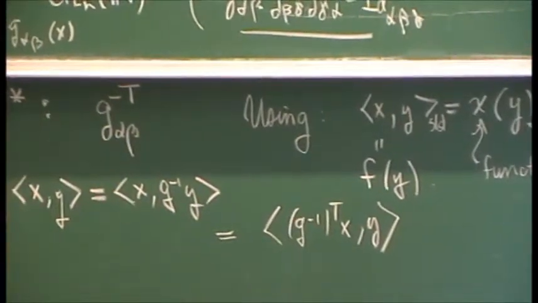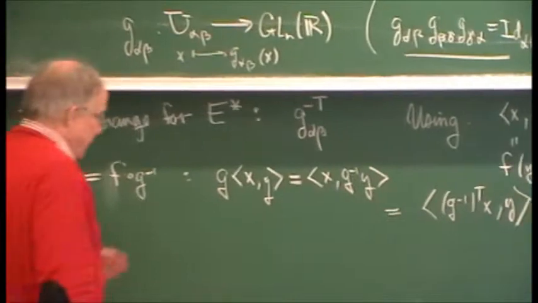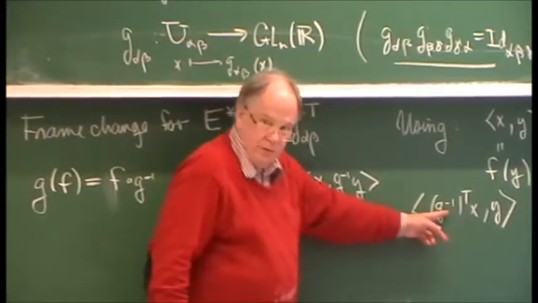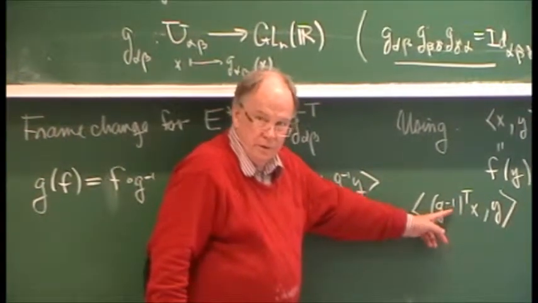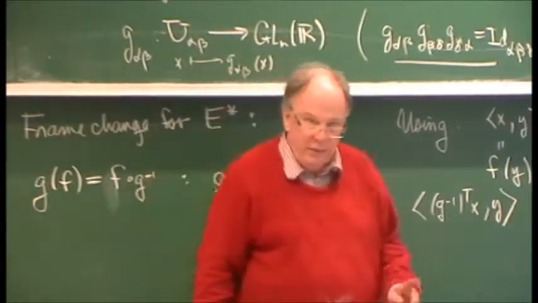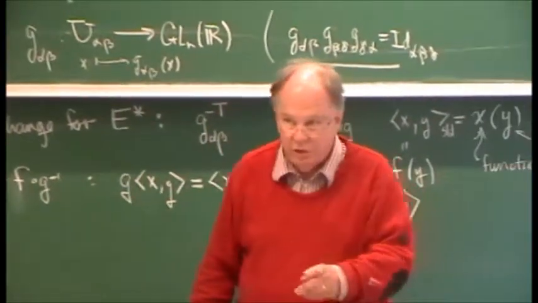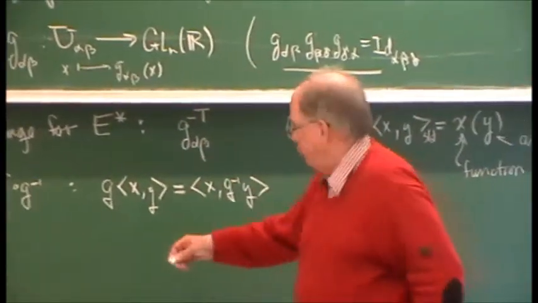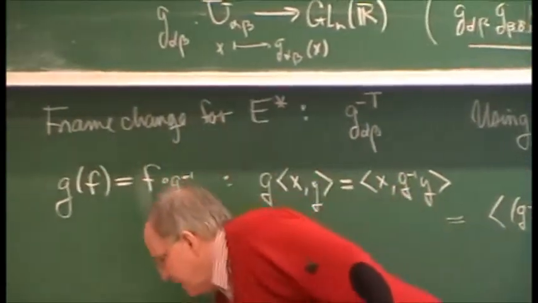So you see, this is the action on matrices. Let me just comment, this is perhaps a confusing point. It's completely trivial, but you need to think about it a little bit.